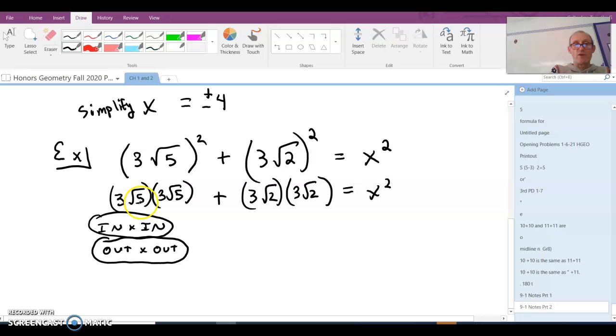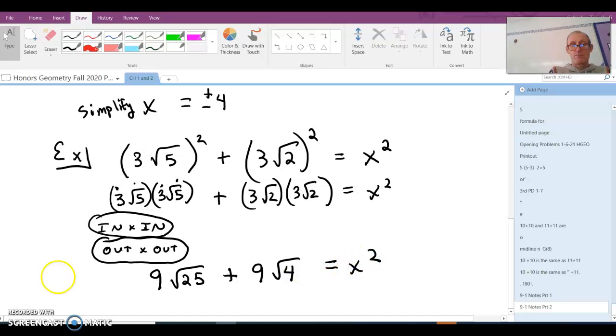You can't get 15 when you do this. But you can multiply the outside times the outside and the inside times the inside. So for 3 times the square root of 5, 3 times the square root of 5, I get 9 times the square root of 25. Plus, 3 times 3 is 9, 9 times the square root of 4 equals x squared.